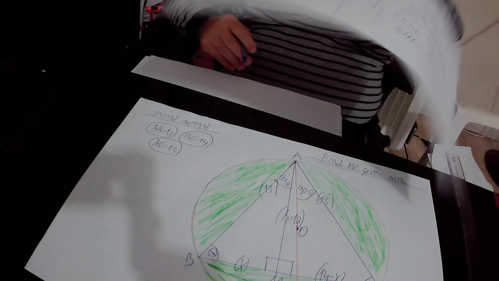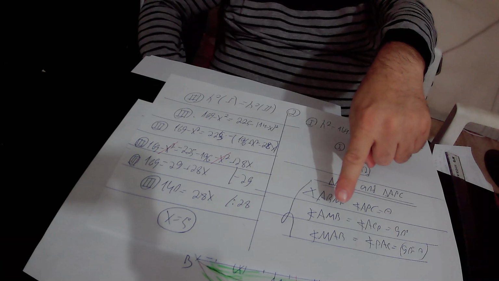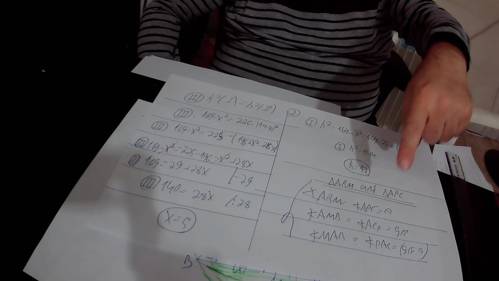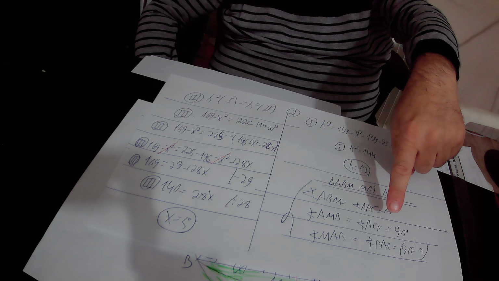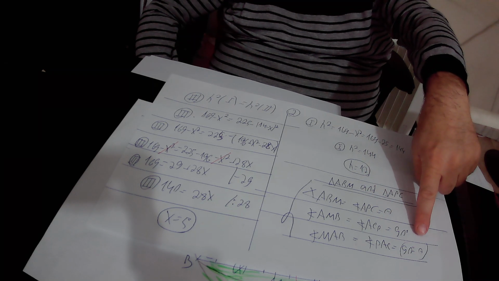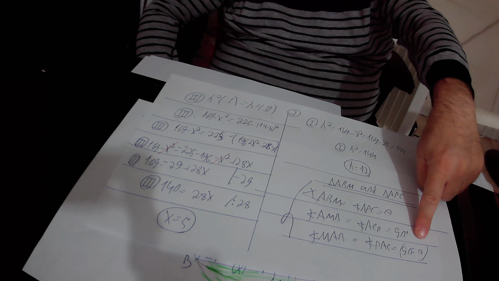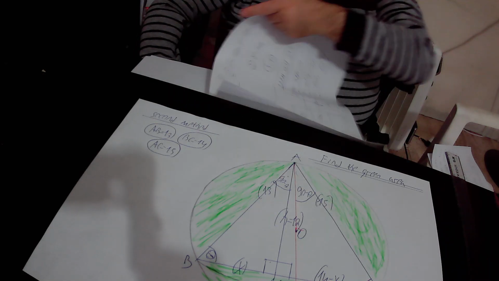Repeat again. Angle MAB in triangle ABM equals angle PAC in triangle PCA. They are both equal to 90 degrees minus theta, therefore they are equal to each other.